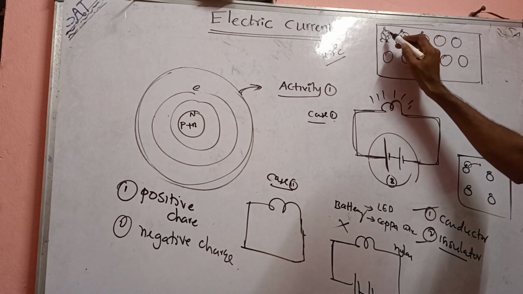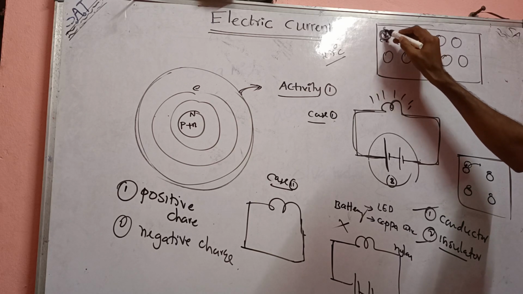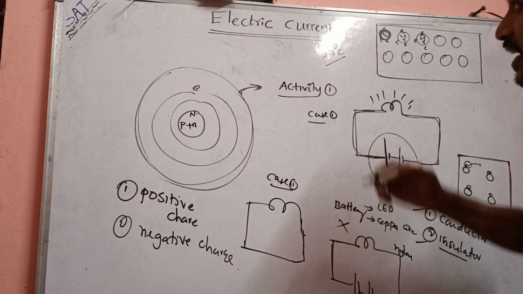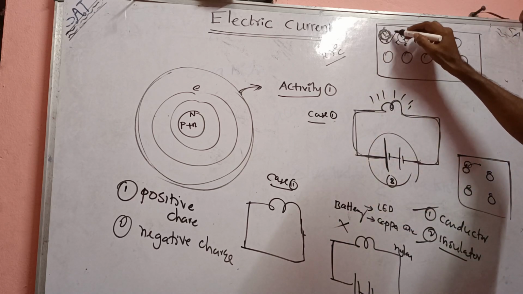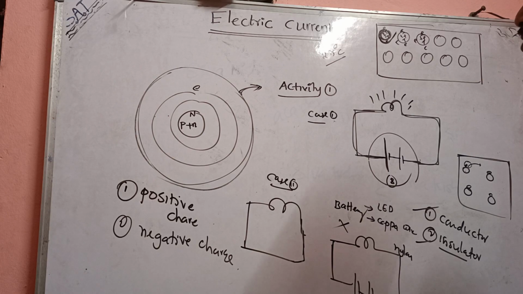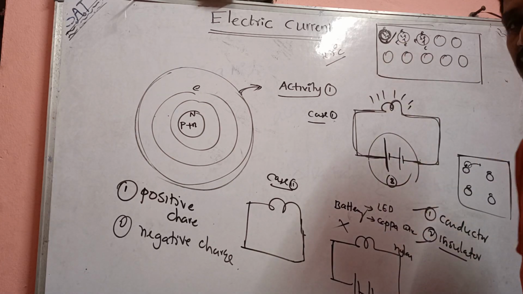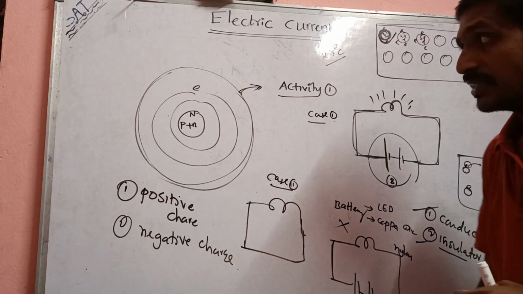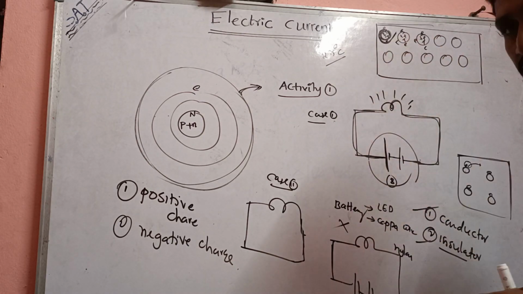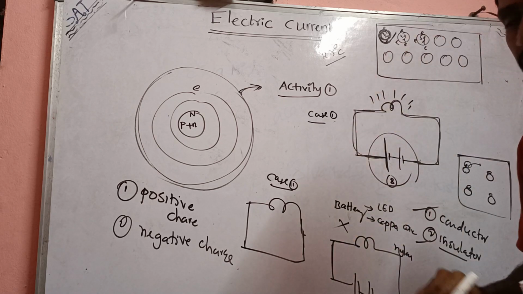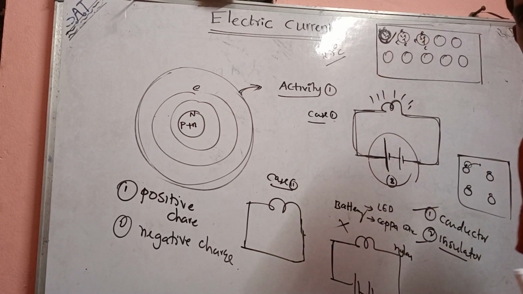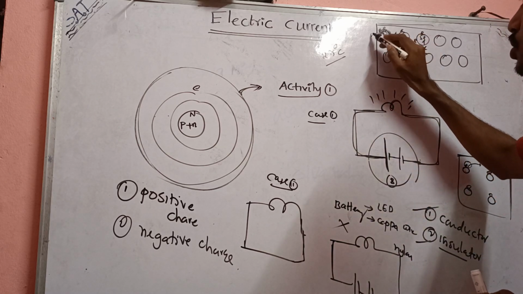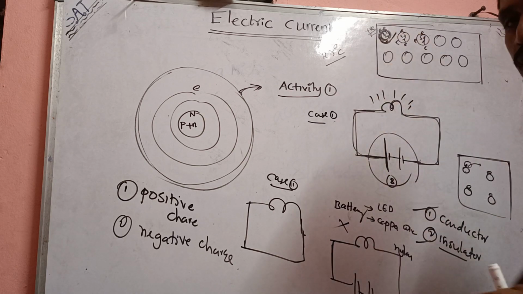So the electron, which is revolving around the nucleus, gains kinetic energy and escapes from the atom. In the first case the atom is neutral. In the second case, who is dominating? Protons are dominating. Here we have only 2 electrons and 3 protons, so we can say it is a positively charged atom.